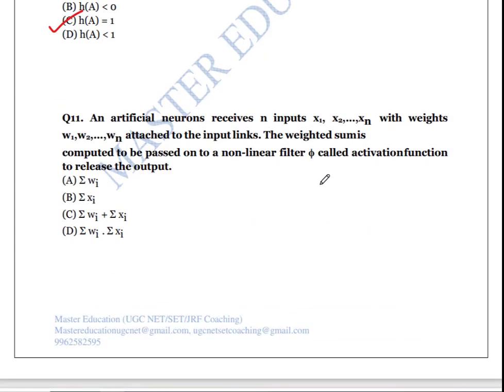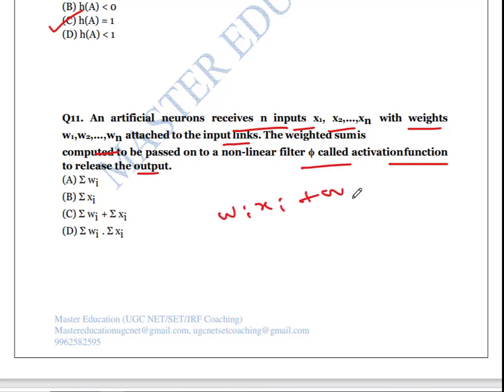The next question: an artificial neuron's inputs are x1, x2 with weights attached to the input links. The weighted sum is computed and passed to a non-linear filter, the activation function. To compute the output, we have to multiply w1 x1 plus w2 x2 plus w3 x3, up to wn xn.